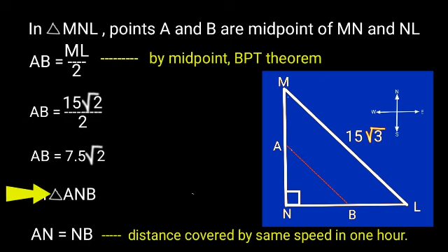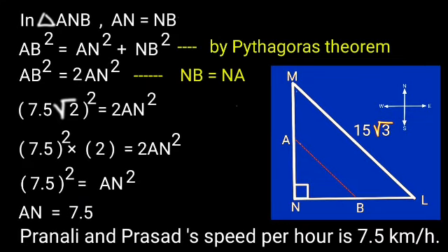In triangle ANB, AN and NB are the distances covered at the same speed in 1 hour, so they are equal, and that is also the speed of both Prasad and Pranali. In triangle ANB, AN is equal to NB.